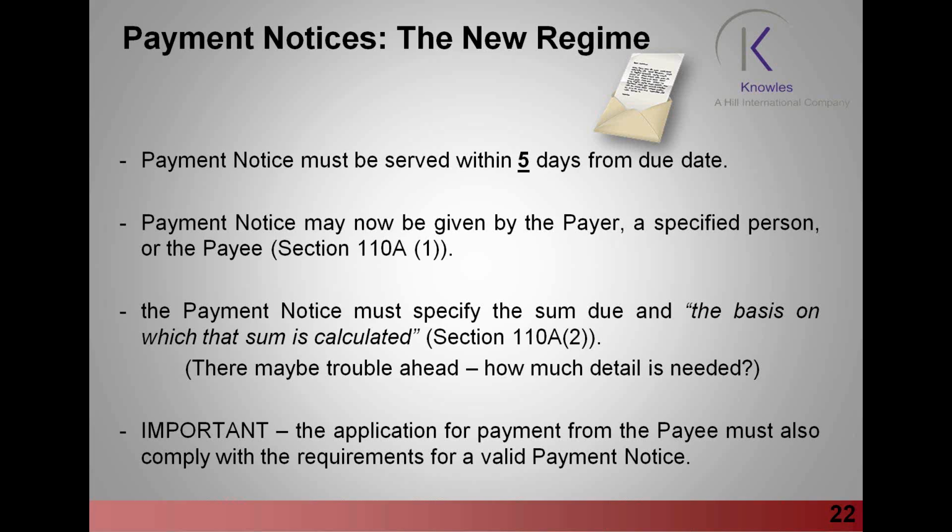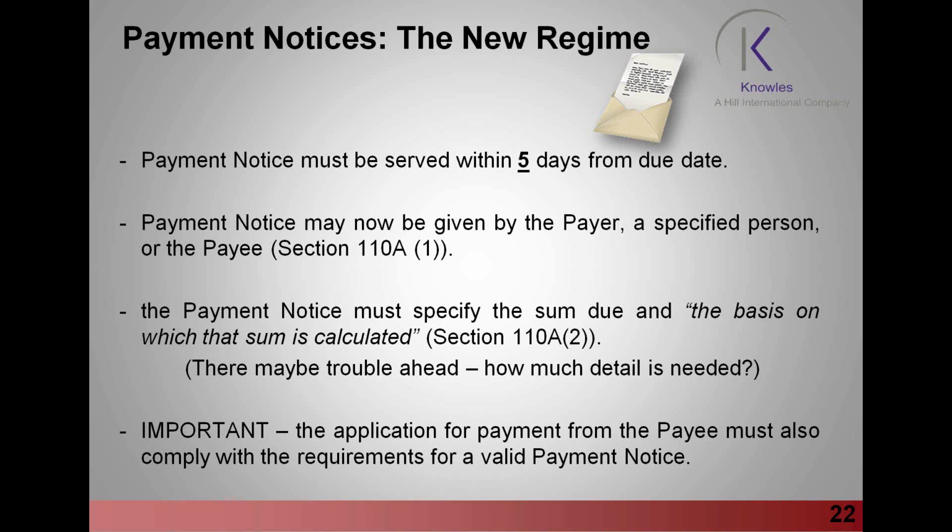And whoever serves this payment notice, whether it's payer, payee, or the specified person, they must specify the sum due and, importantly, the basis on which that sum is calculated. Just think about that. I've put there on the notes, there may be trouble ahead, because actually we've not given any guidance at all as to how much detail is needed.